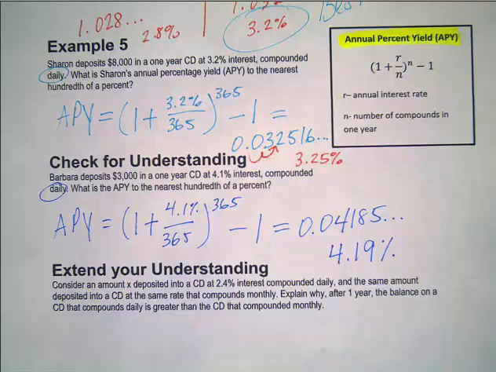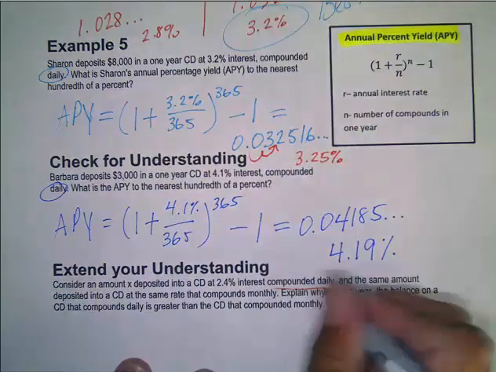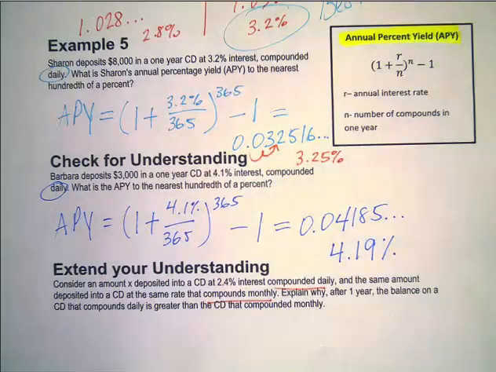The extend your understanding. Consider an amount X deposited into a CD at 2.4% interest compounded daily, and the same amount deposited into a CD at the same rate that compounds monthly. So we went from daily to monthly. Explain why, after 1 year, the balance on the CD that compounds daily is greater than the CD that compounds monthly.